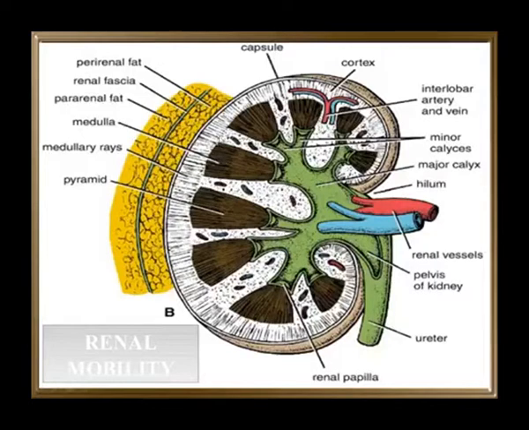You can see here, this is the part where the cortex is going in, and this is the part where the medulla is going inside the cortex. So this is a unique anatomy, different from a gland like the suprarenal gland, where the cortex and medulla are quite separated. In the kidney, the cortex and medulla are intertwined, penetrating into each other.